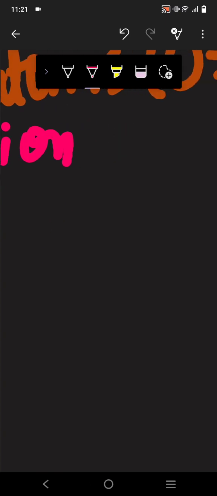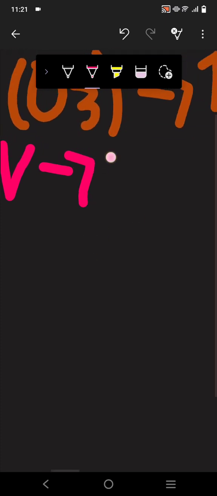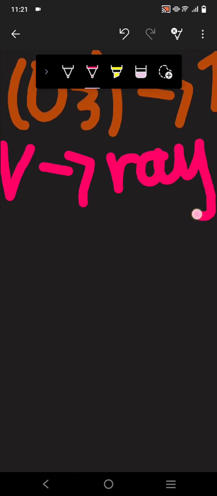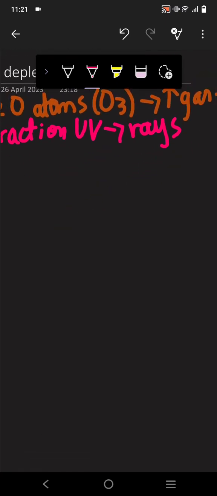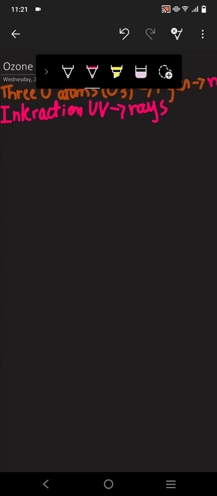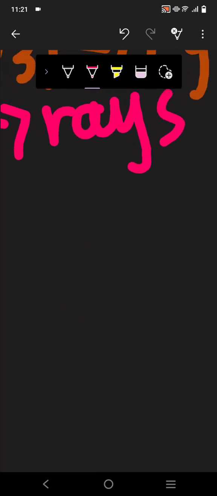What are the UV rays? UV rays are the rays that come from the sun to us. So ozone is produced in the stratosphere due to the interaction between the UV rays and oxygen.